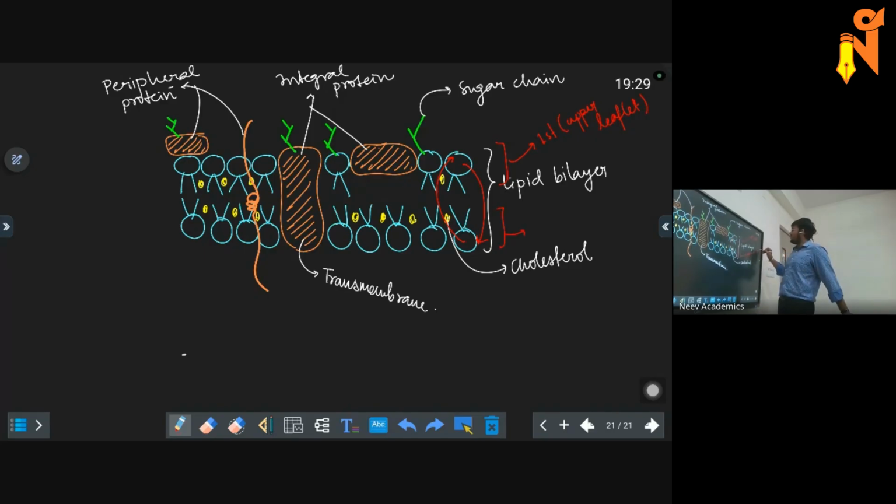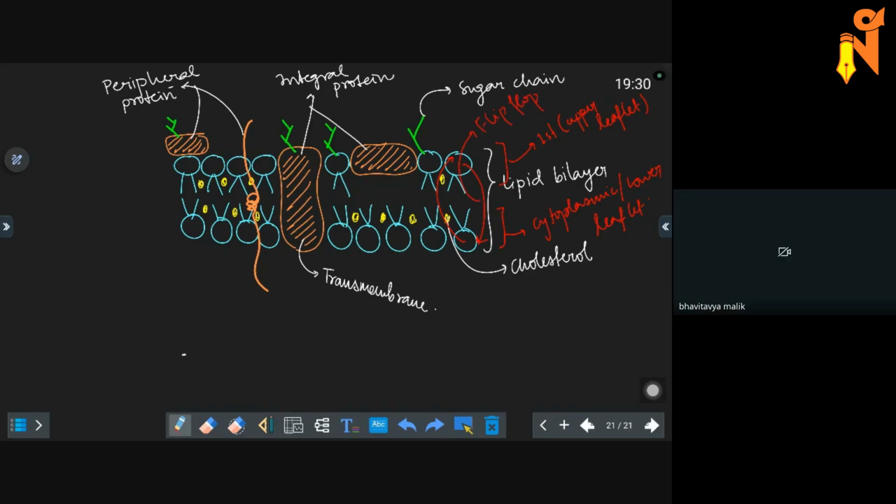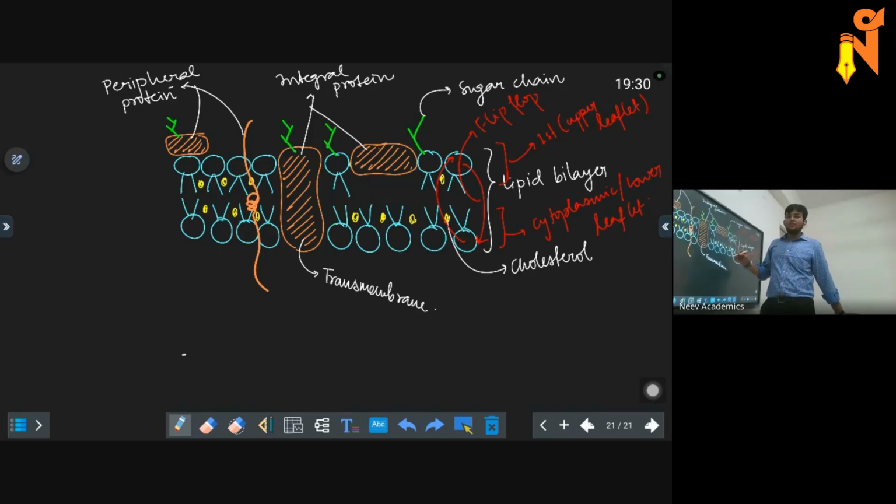If a lipid molecule changes the leaflet, this type of movement is called flip-flop movement, upside to downside, downside to upside. But a larger protein molecule cannot show flip-flop movement.